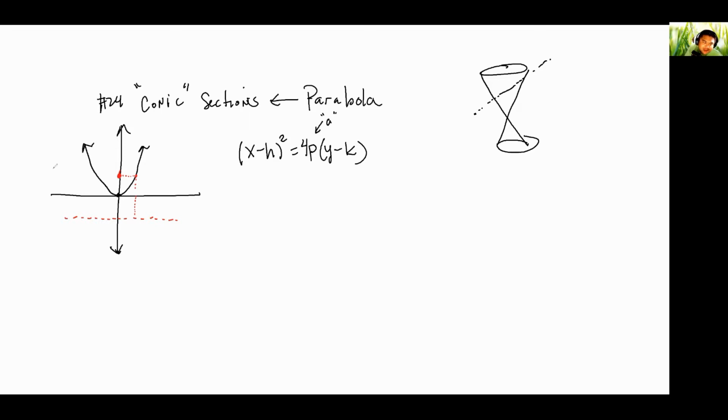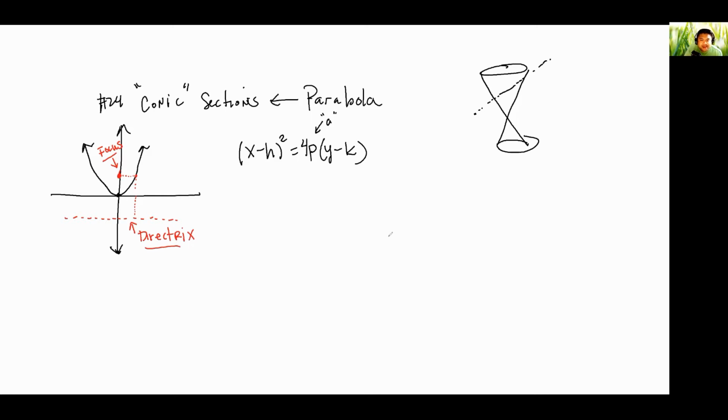There is a name for these 2 things. This dot inside the parabola is called the focus of the parabola. This weird imaginary line, it's not an asymptote, but it's like an asymptote in the sense that you can't see it, but it's there. It has a weird, funky name. We call this the Directrix. The focus being inside the parabola, the Directrix is the weird dashed line opposite of that.